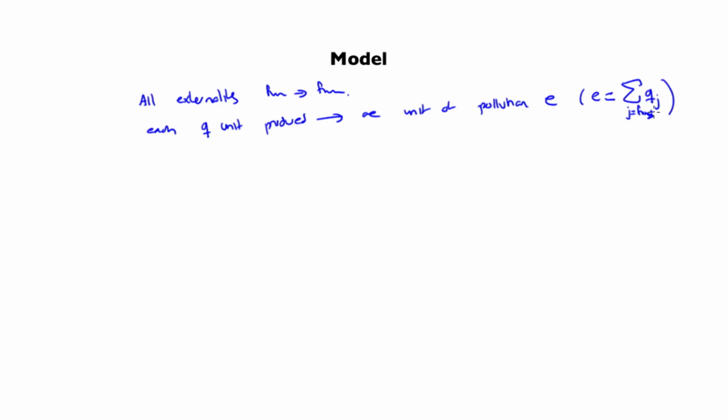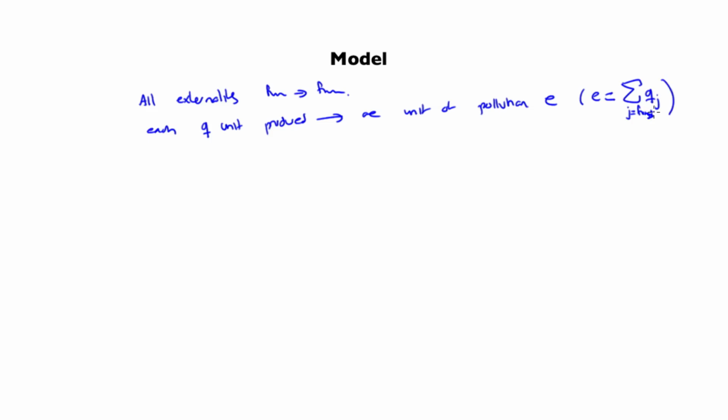In particular, the story that we have in mind is that each unit of Q that is produced creates 1 unit of pollution E. So notice that this implies that the total level of externality is equal to total production. The J's are firms. Okay?